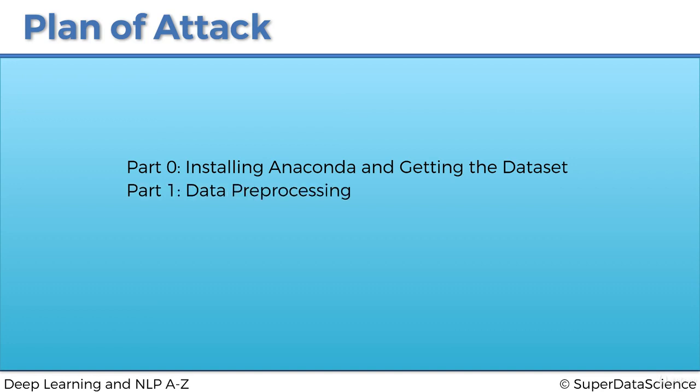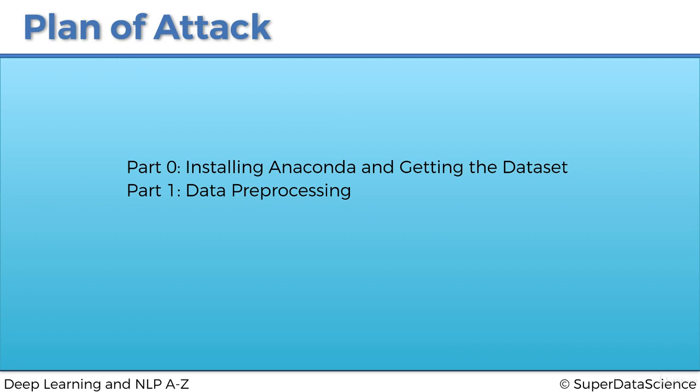That was part 0, and part 1 will be data preprocessing. Data preprocessing is inevitable whenever you build an AI or a machine learning model. You have to make the dataset compatible with the model you're going to build. We're going to build a neural network based model, and therefore the data will have to have a special format, especially for the inputs.